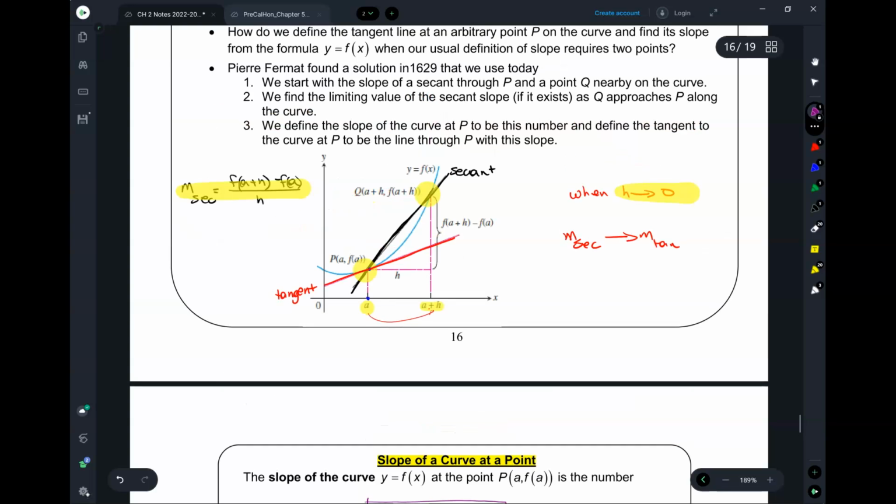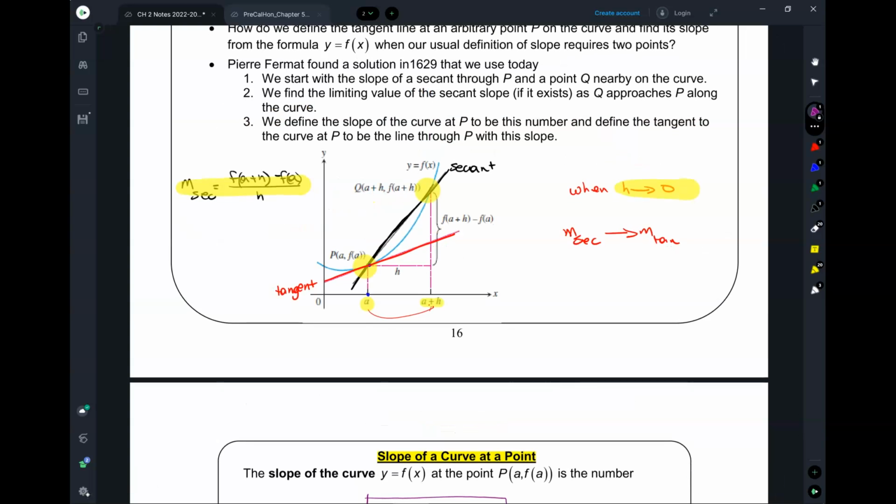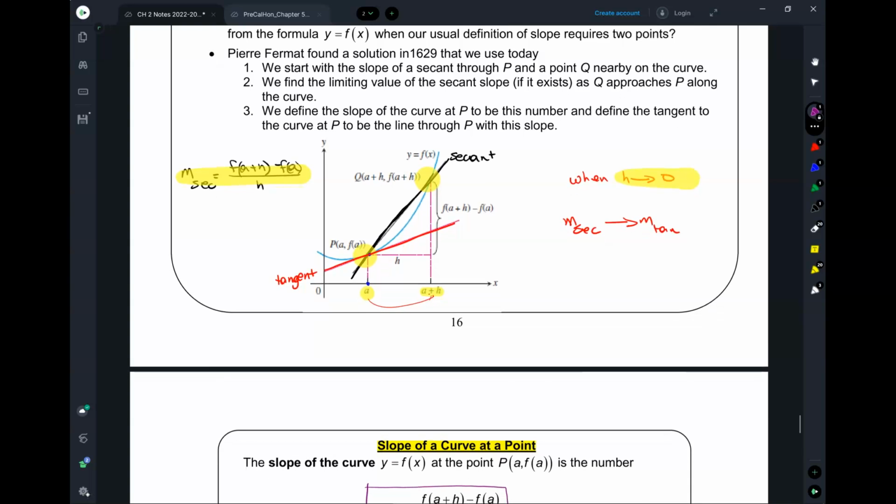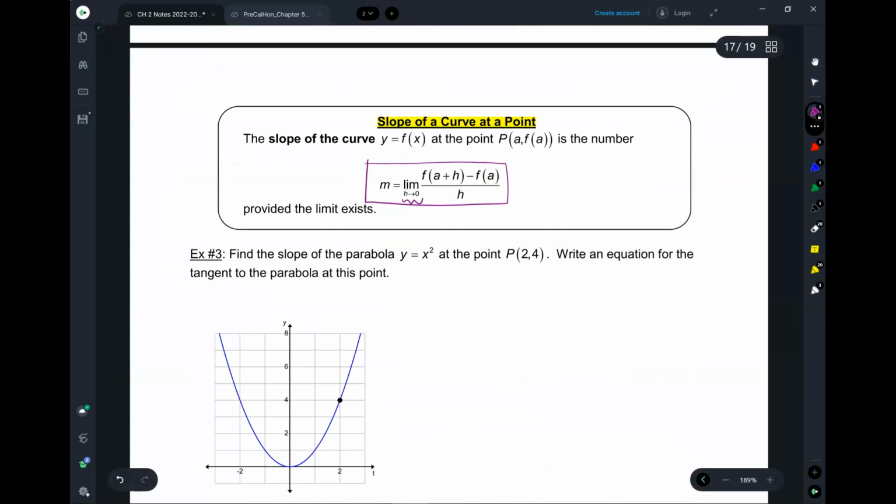So that's the same equation we just wrote up there. But now when I add to that the limit as h approaches 0, it becomes the slope of the tangent line. And with that, I'm able to find slope or rate of change at a specific point.